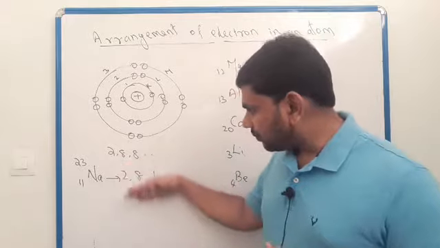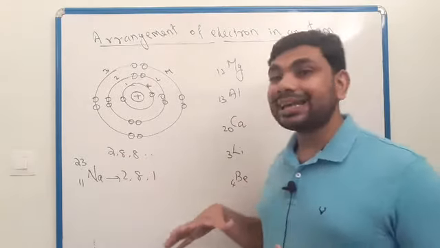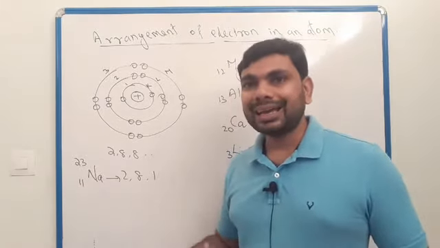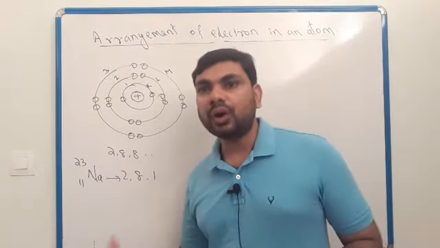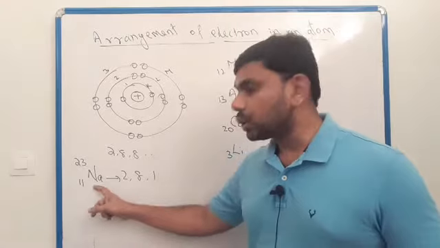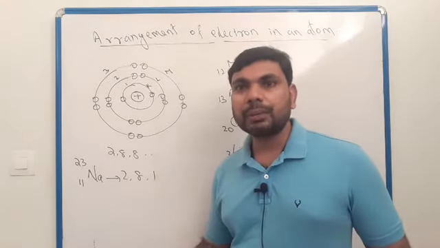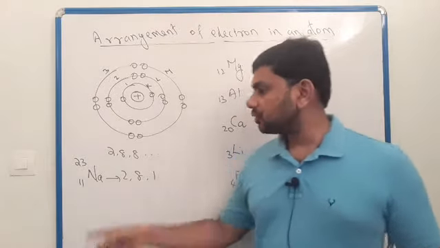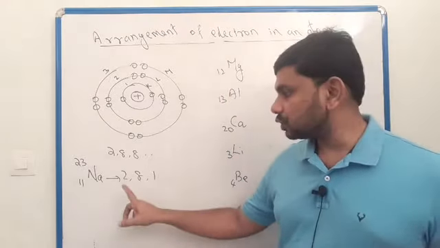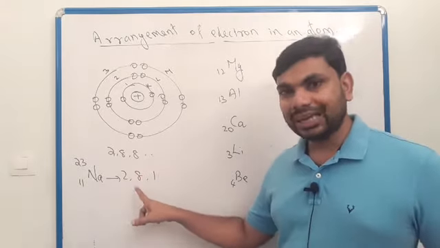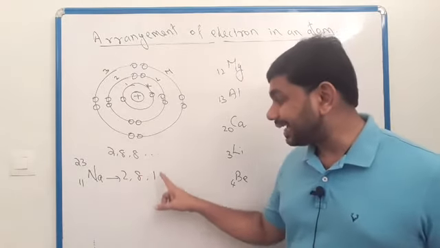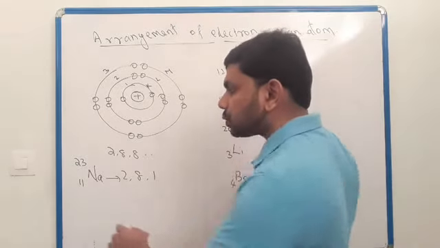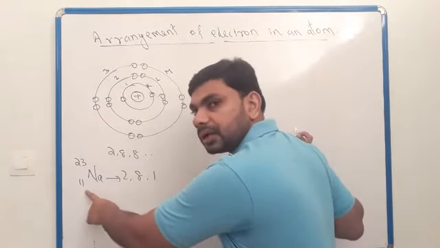Next, we have to understand electronic structure. Electronic structure of sodium. Electronic structure or electronic configuration means, look here, sodium atomic number 11.